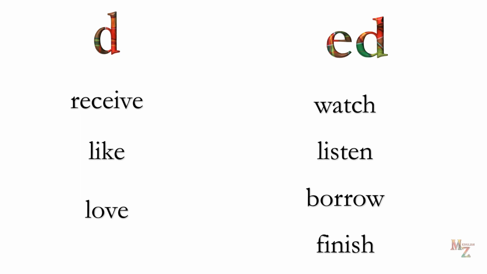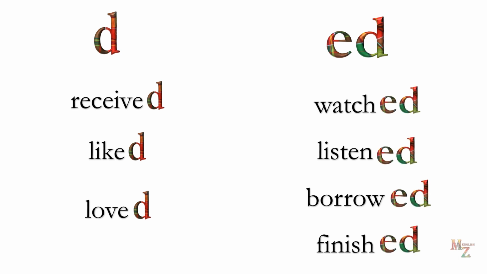Receive, like, love all end with the letter E, so we add the letter D. Watch, listen, borrow, finish do not end with the letter E, so we add the letters ED. We've added two more verbs for everyday use: like and love.